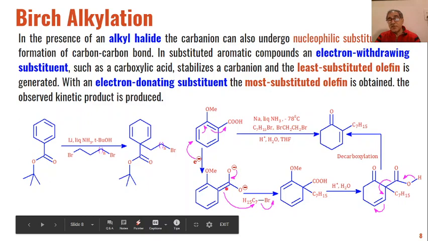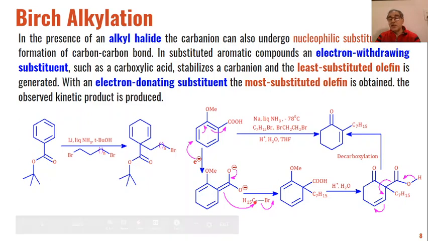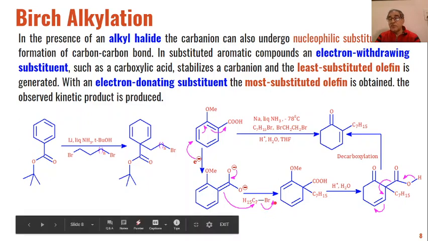This carbon will act as a nucleophile, will attack the carbon of the alkyl halide, and this bromide will be removed, and we will get this type of intermediate cyclohexadiene, and this will undergo hydrolysis and decarboxylation.